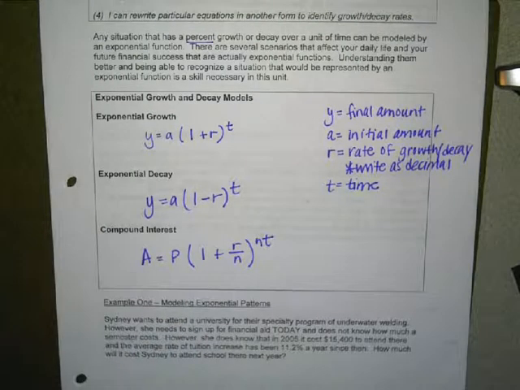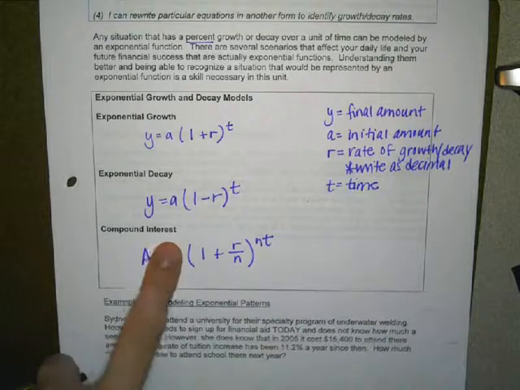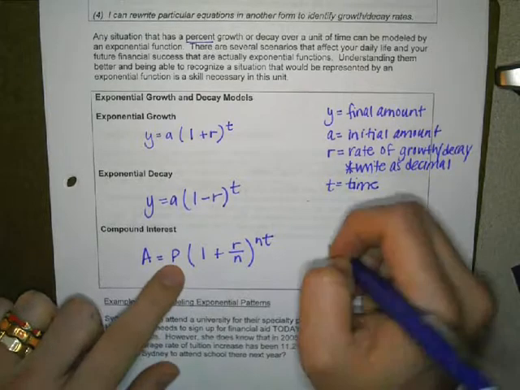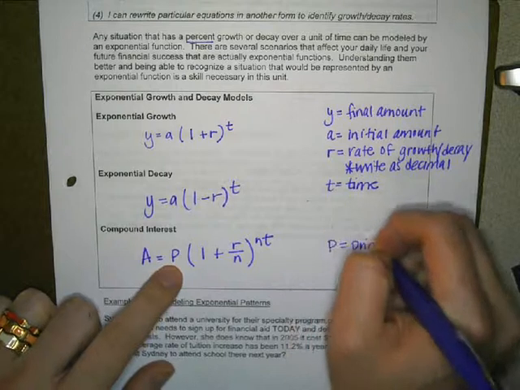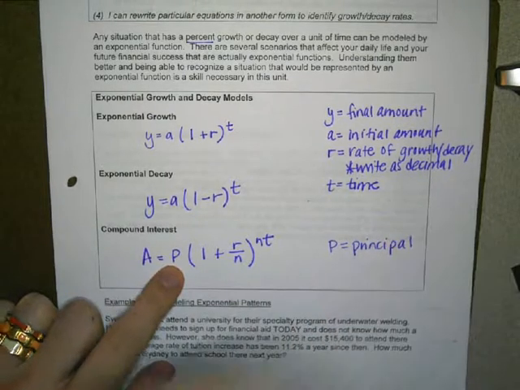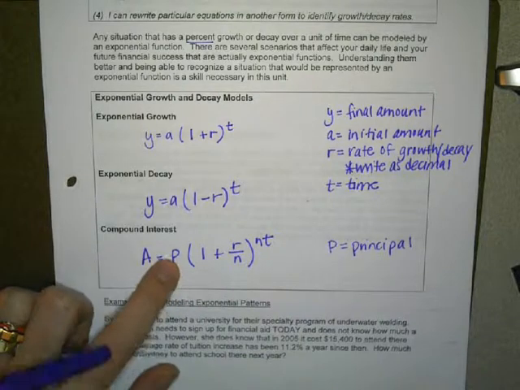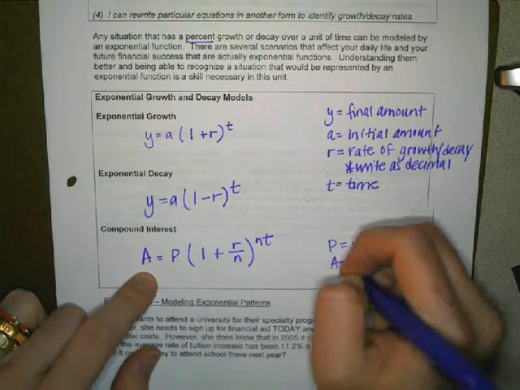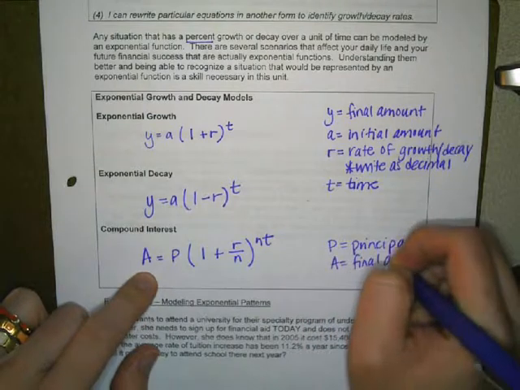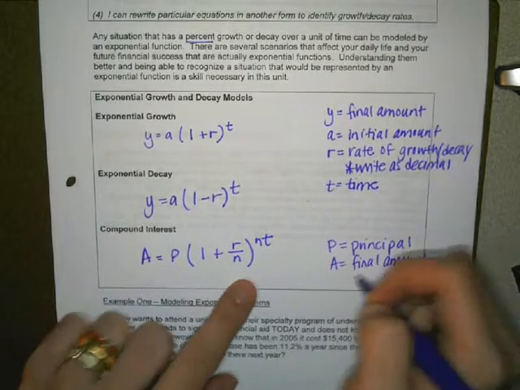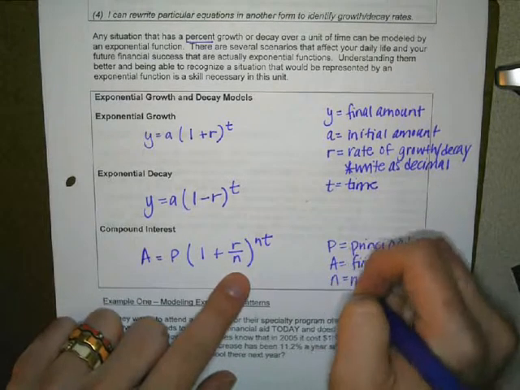Now, this only applies in cases where you're dealing with interest or money, and only where you're compounding that interest, which we'll talk about in a little bit. In this case, P is what we call our principal amount. It's the same thing as our initial amount, but if it's money, they usually call it your principal amount. A is your final amount. r is the same, t is the same. And then n is your number of compoundings.